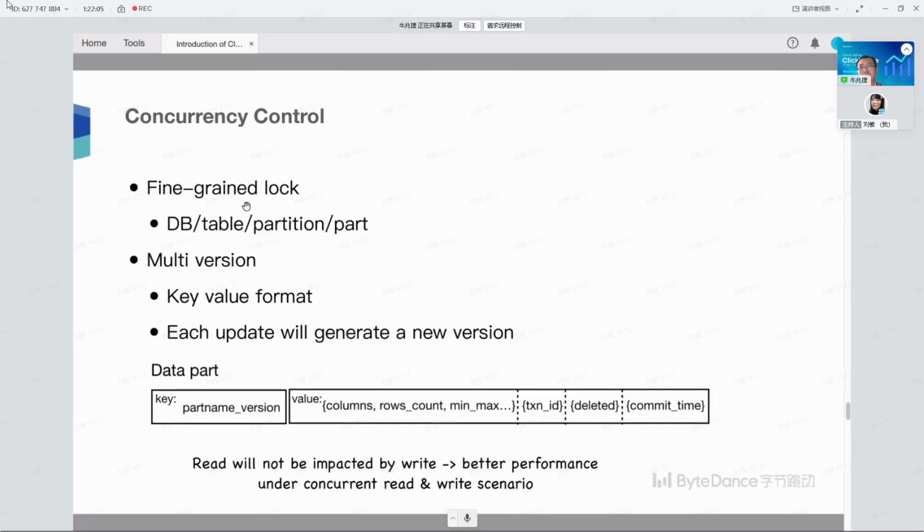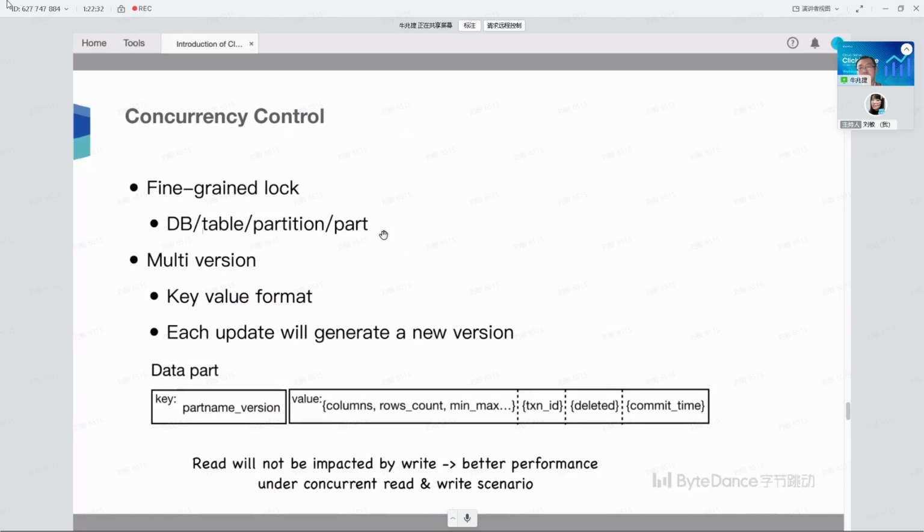So we utilize locks, and here we developed fine-grained locks to support this feature. We have DB, table, partition, and part layers. For different queries, we can use different kinds of locks to guarantee correctness, and at the same time it will not sacrifice concurrency a lot.